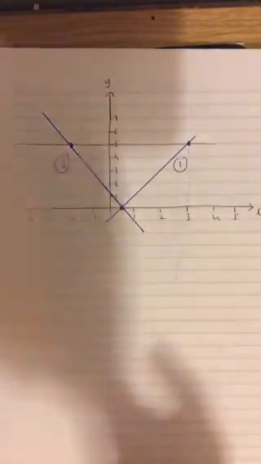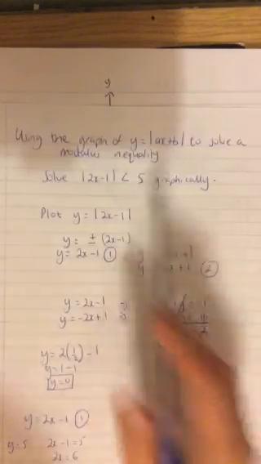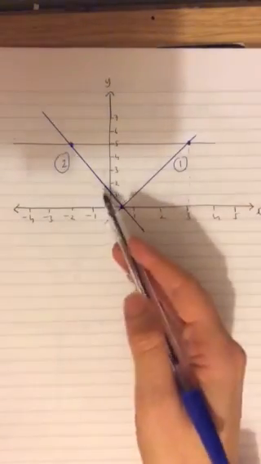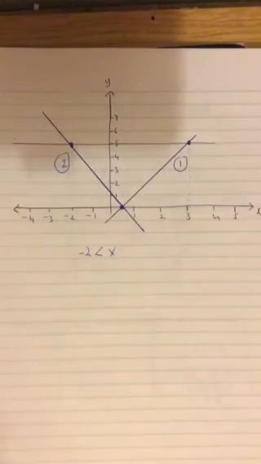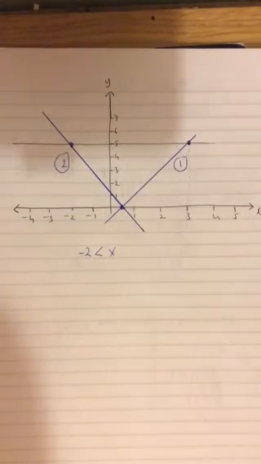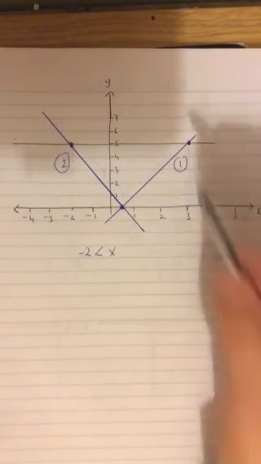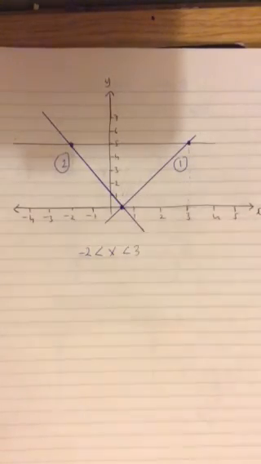Just recall our inequality: we have to solve it when it's less than 5. So it has to be for any value when x is greater than minus 2, because if it's equal to minus 2, then our answer is 5, and we know it has to be less than 5. And then it's for any value less than 3.